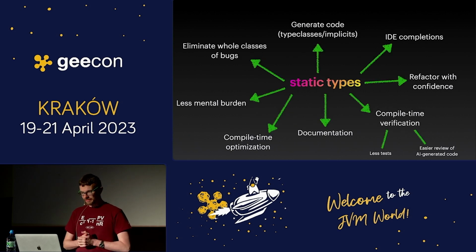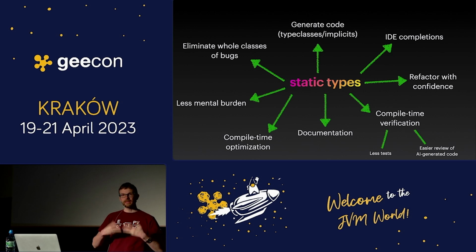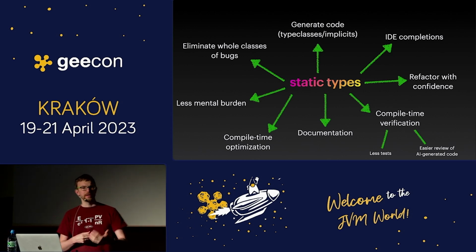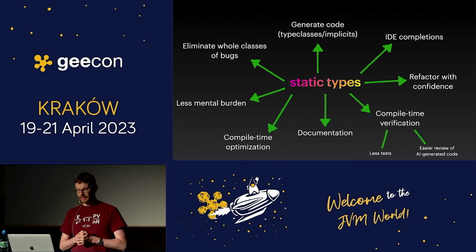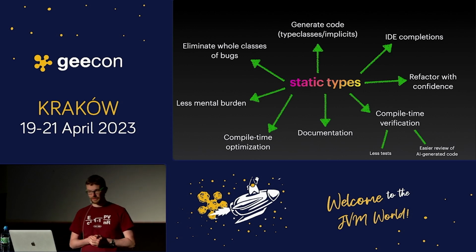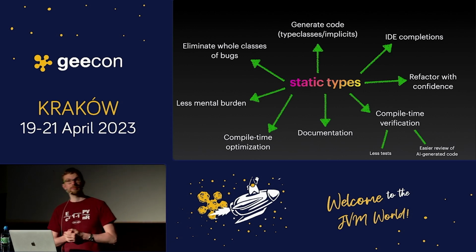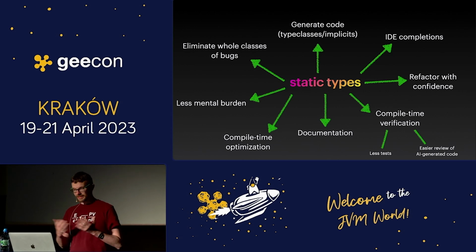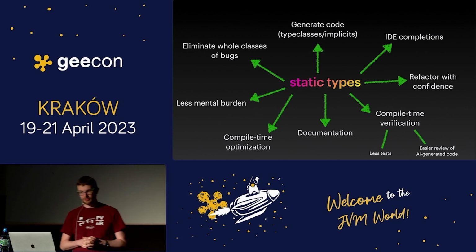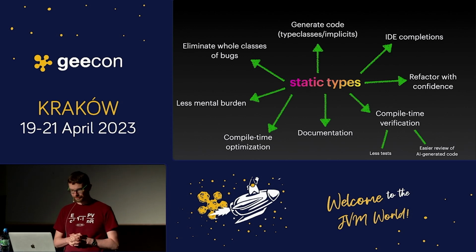And static types have a lot of benefits, which many languages have discovered, right? So we've repeated this learning process over and over again, even in languages like JavaScript, which now have types as well in TypeScript. Python has types now as well. So I think it's quite safe to say that static typing has kind of won, at least as far as larger pieces of software are concerned.